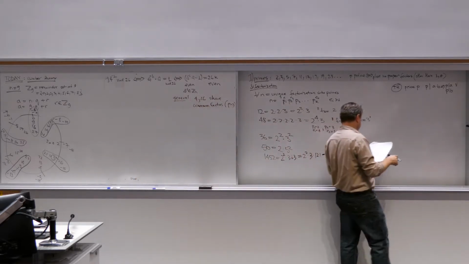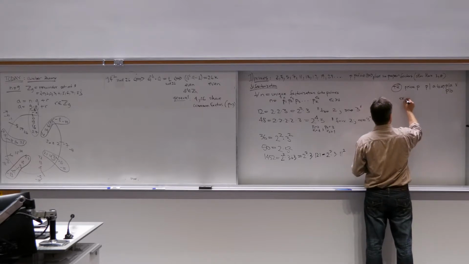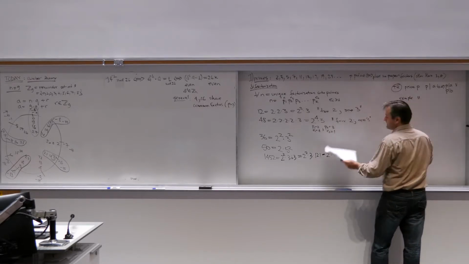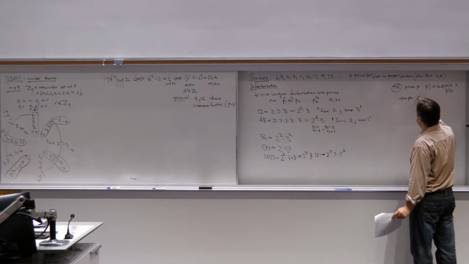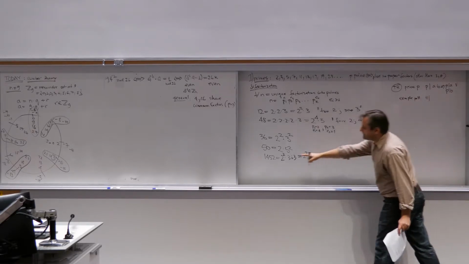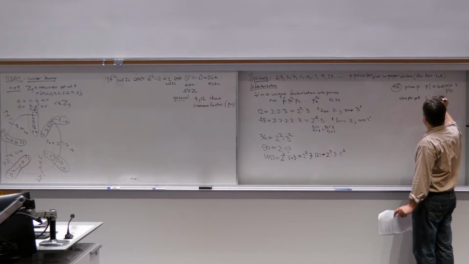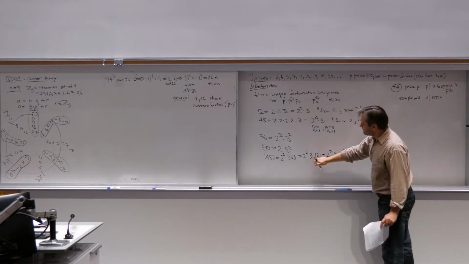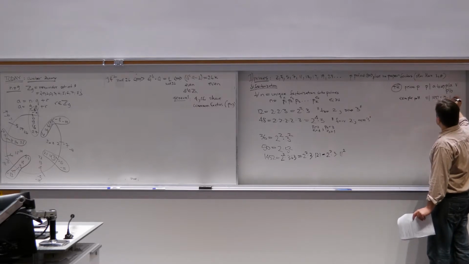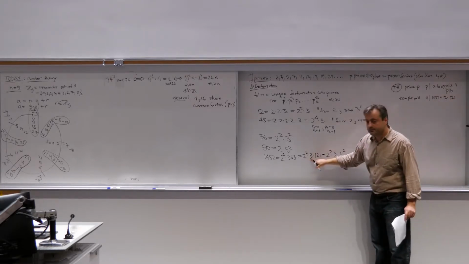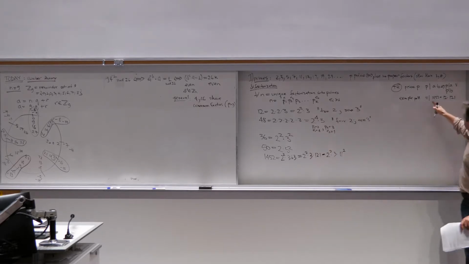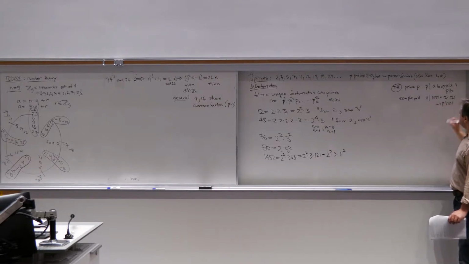For example, let's take this example here, 11 is prime, right? 11 divides 1452, which I could write as 12 times 121, right? Because 11 is prime, and this is a product of two things, that prime must divide one of them. So in this case, P divides 121.